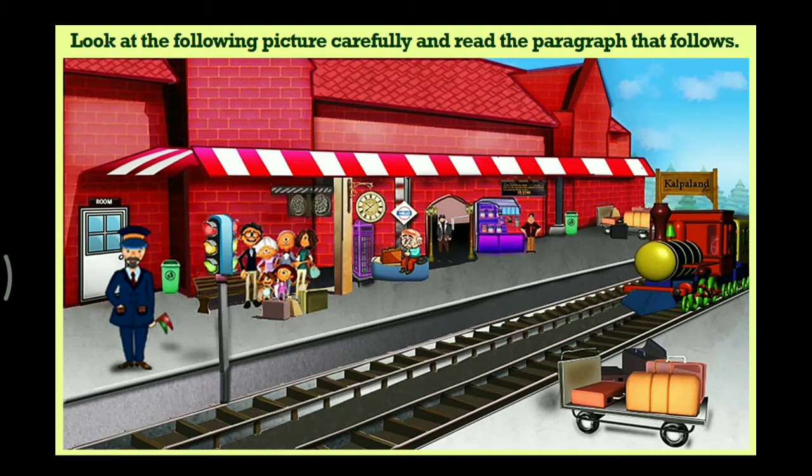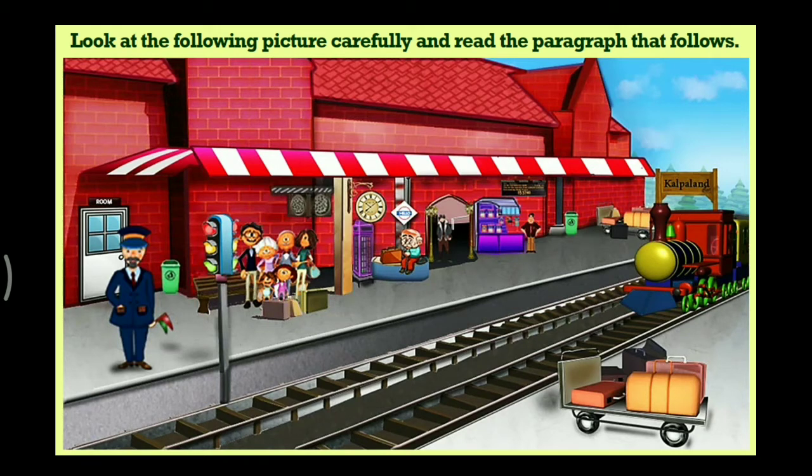Okay? And you can see here a train is coming and railway tracks are there. It means this picture is of a railway platform. Okay. What else have you seen? There is a trolley full of luggage.